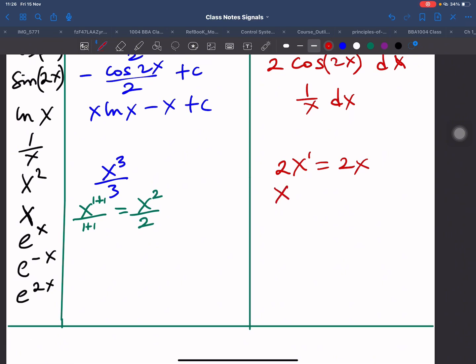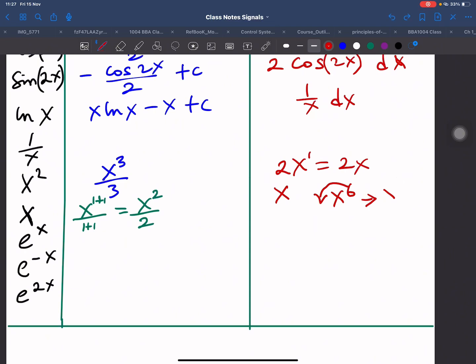Normally, assuming we are given x raised to power 6, all you need to do is bring down this value here, and then next step is x. This is step 1. Then step 2 is 6 minus 1. So the first one is bring this value here, the power value, make it a constant beside the x, and then reduce the power by 1. So these are the 2 steps.